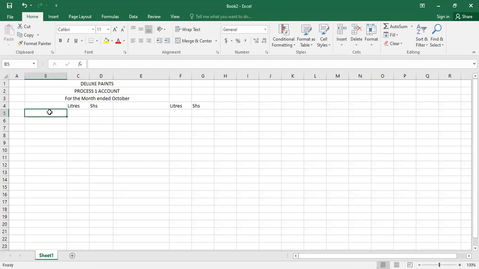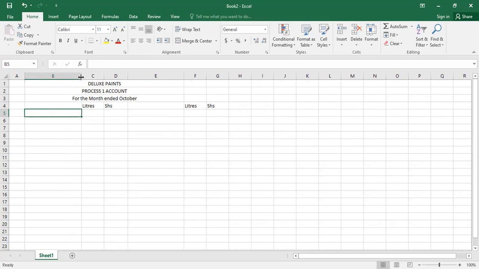We have the input, the raw materials, right? Give me the figures, raw materials. This is input: 20,000 liters.